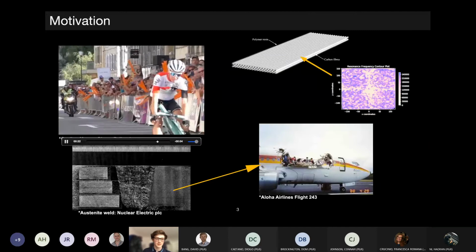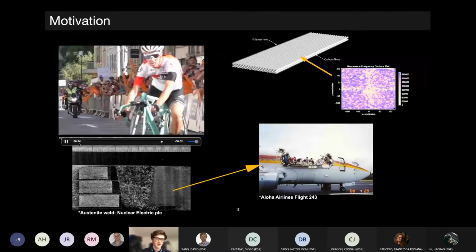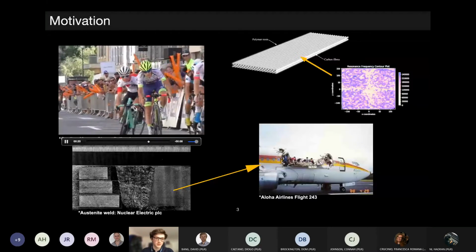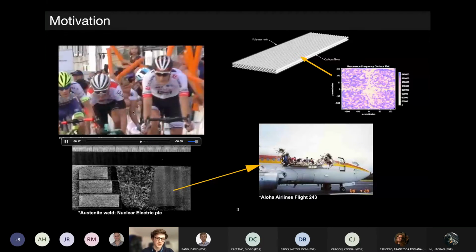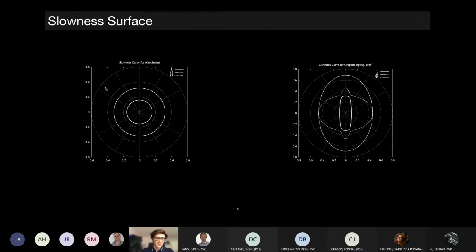So basically my project aims at studying these types of waves, and it's useful to have this type of model to understand and better comment on the resolution of imaging techniques.